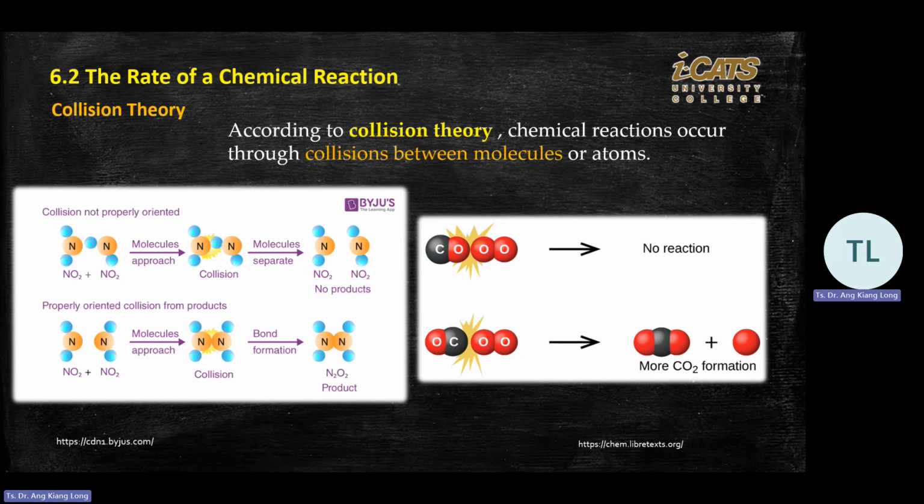But if they are oriented nicely, like the one below on the left, so NO3 plus NO3, when they collide, they mix each other like Lego bricks. Nitrogen and nitrogen meet each other, exchange valence electrons, then you form N2O2 products. This means bonding formation. We learned about bonding in your chapter 1 already, right?